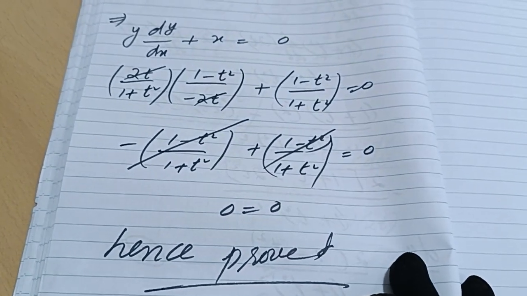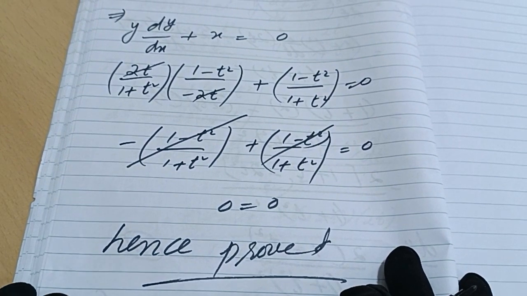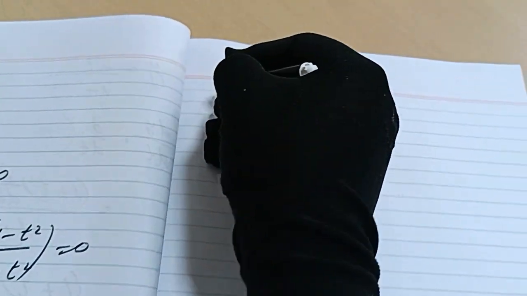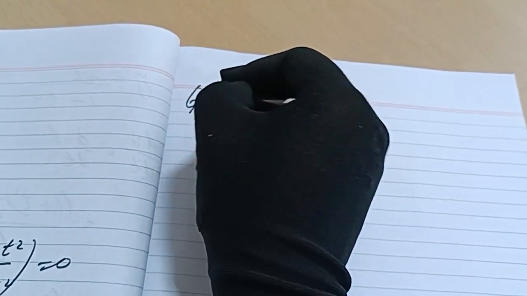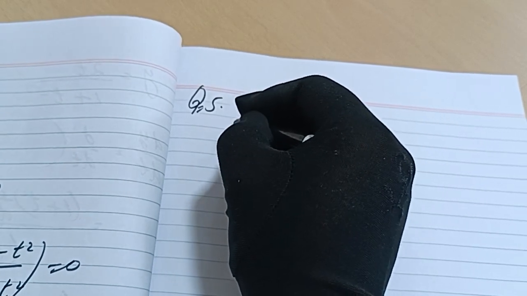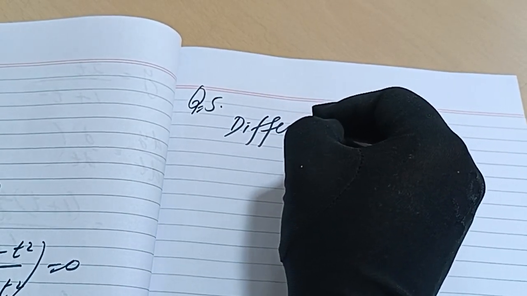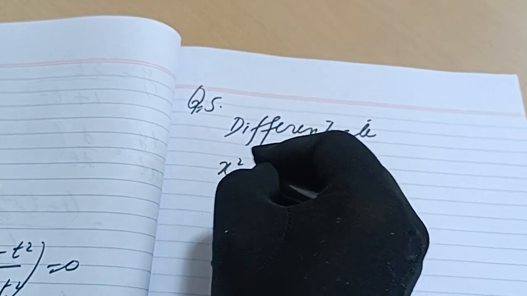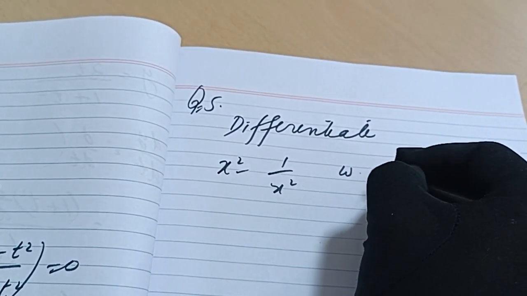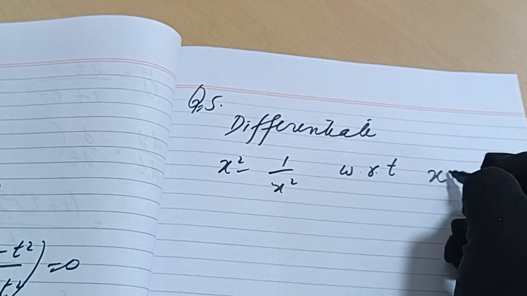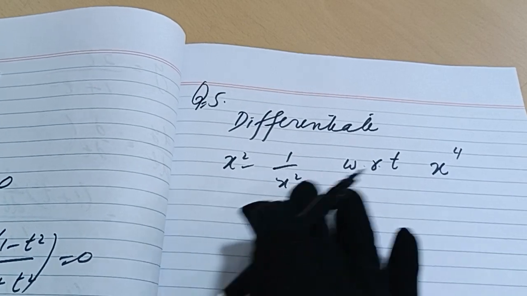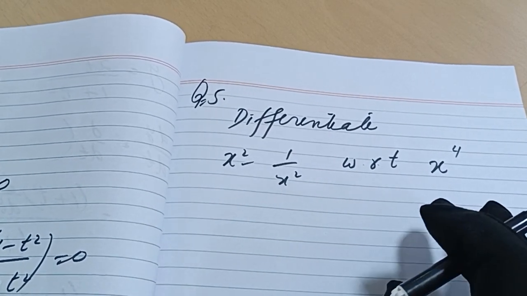In the same exercise, let me continue the question number. The next question is question number 5. Differentiate the first function x square minus 1 over x square with respect to the second function x power 4. What will we do in this question? x is involved in both, so this will be the parameter.